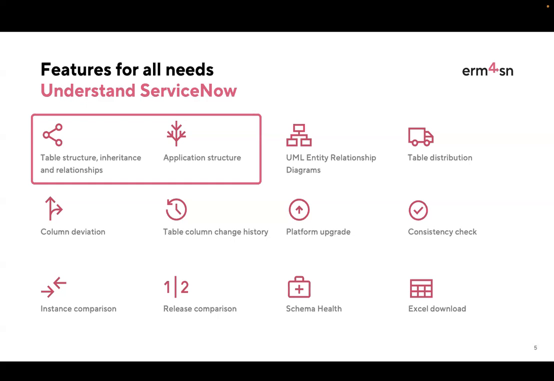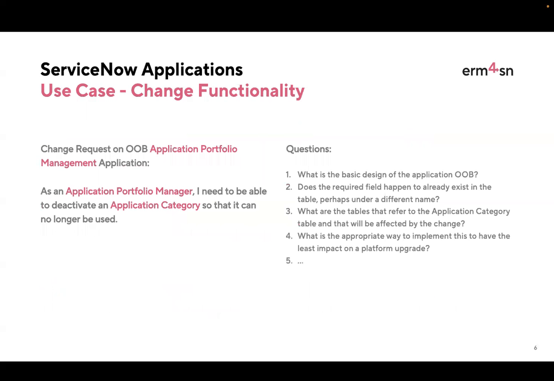And the use case is, I picked a simple one, so it's easy to understand. So the requirement is, there's a change request on the out-of-the-box application, which is called Application Portfolio Management in ServiceNow.